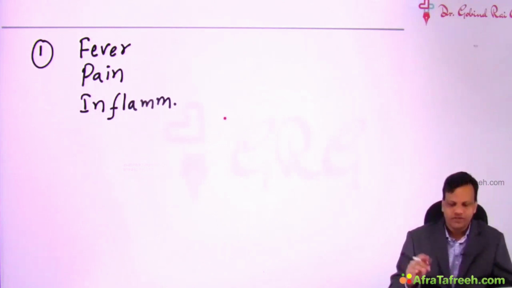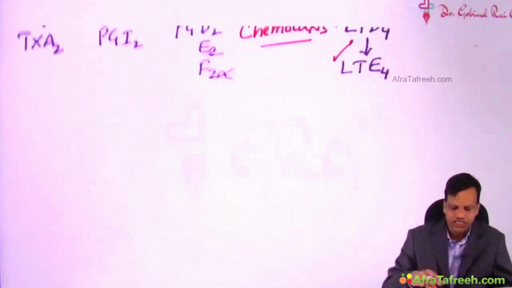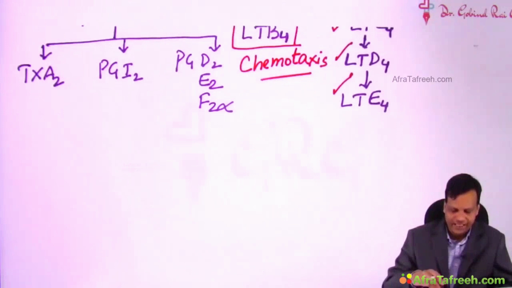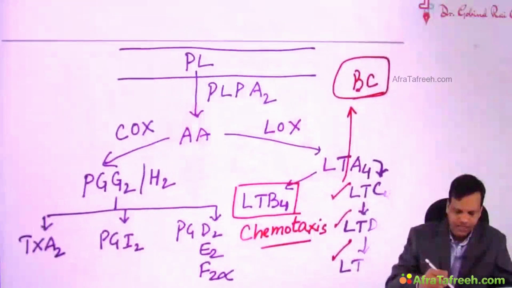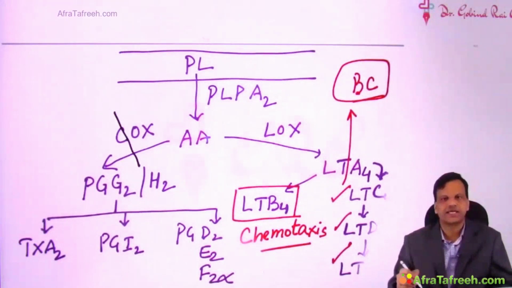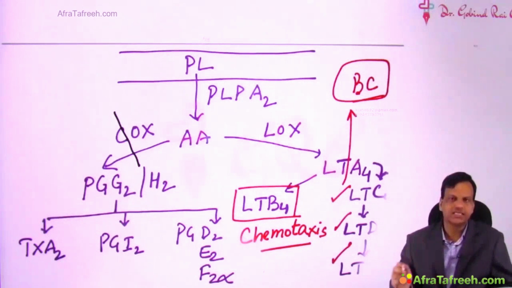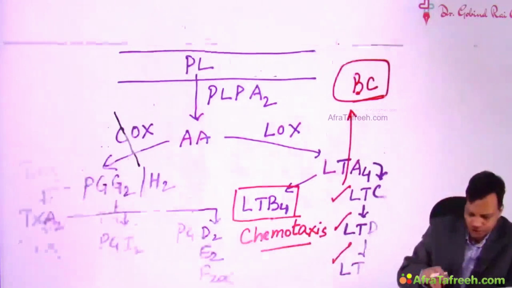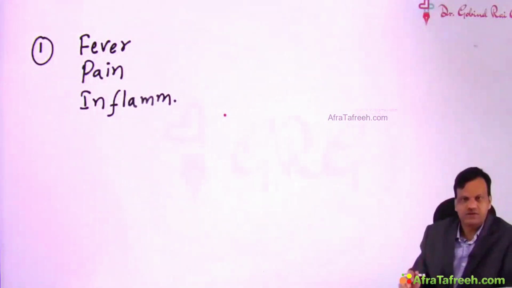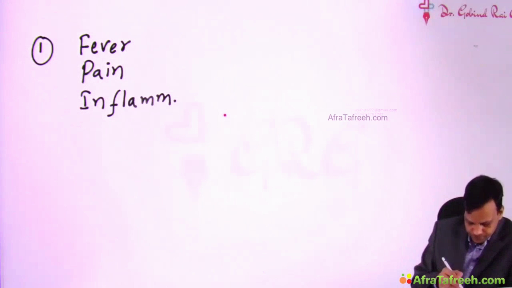That's why if we inhibit the cyclooxygenase enzyme by drugs like aspirin, we can get these 3 effects, that means antipyretic, analgesic and anti-inflammatory effect. So prostaglandins are involved in causing fever, pain and inflammation.